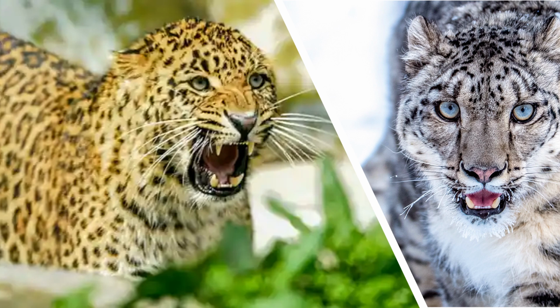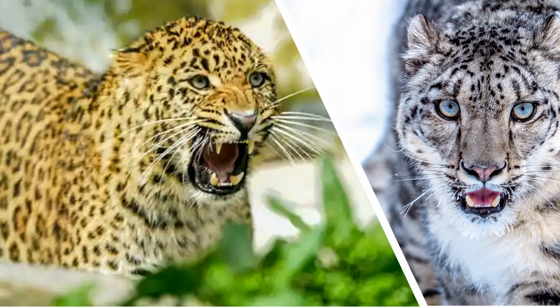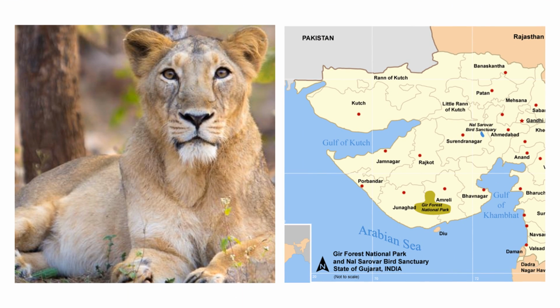The common leopard is found in the forest all over India, but the snow leopard lives only in the Himalayas. The Asiatic lion is found mainly in the Gir National Park in Gujarat.